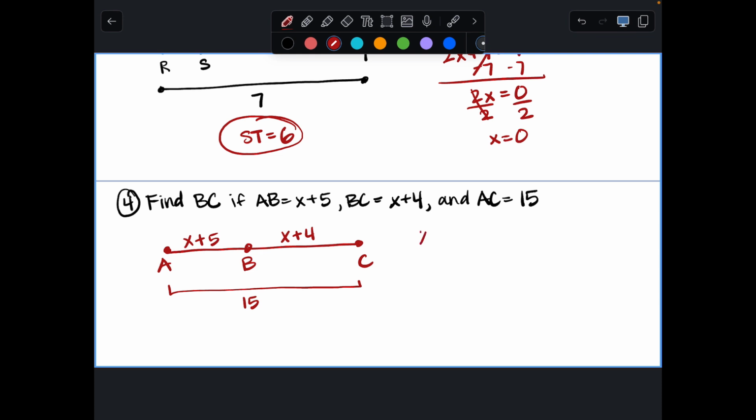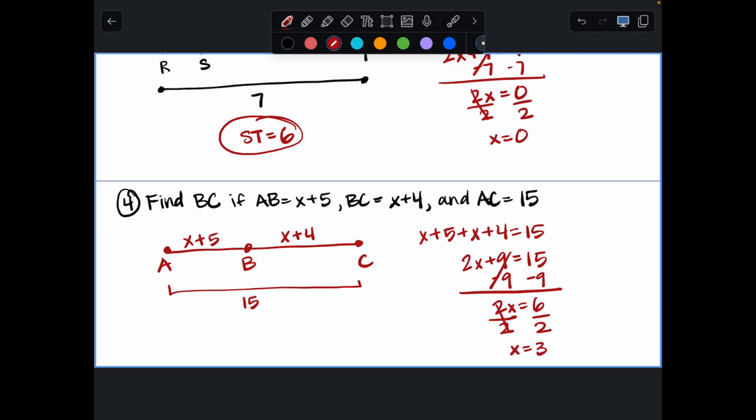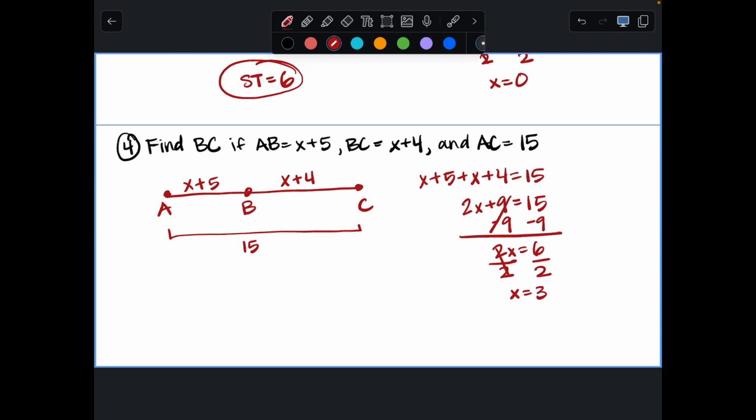So my equation will be x plus 5 plus x plus 4 equals 15. This is 2x plus 9. X equals 3. So now that I know that x equals 3, remember you're not done because I didn't say what is x.